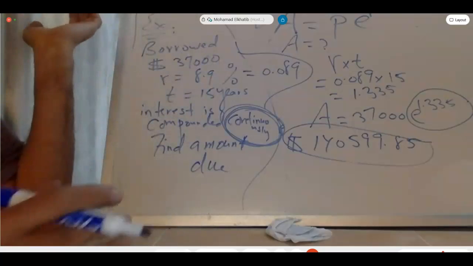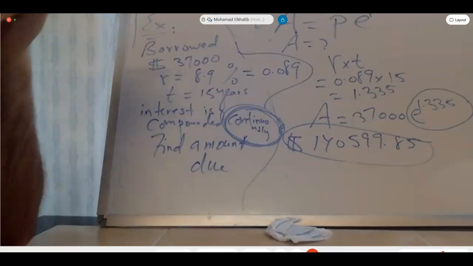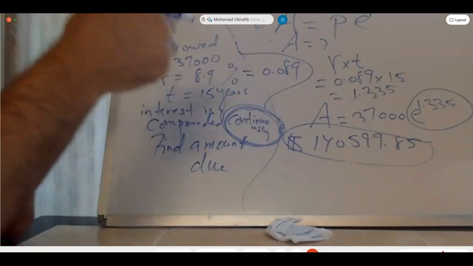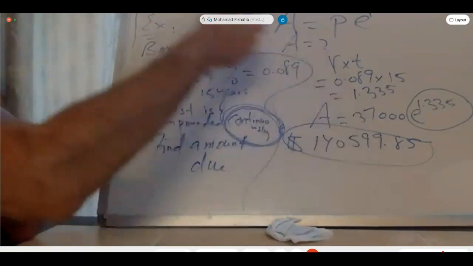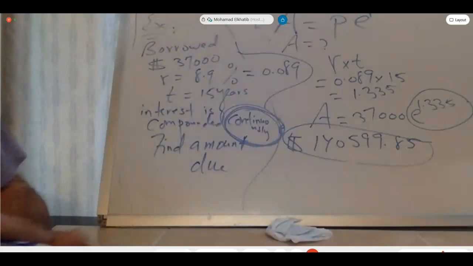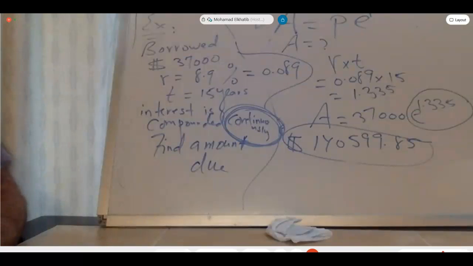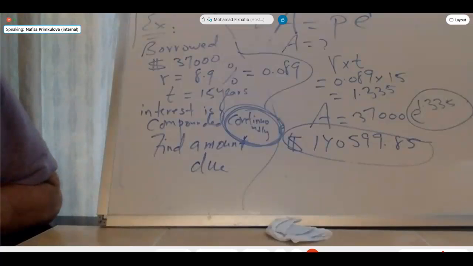So how much did they charge you to borrow 37,000? That's what we're talking about. Interest means how much are they charging me to borrow that money? You subtract how much you paid them minus how much you borrowed. Is that easier now to understand? You got it? What's the difference, that is, continuously? Continuously means all the time, non-stop.